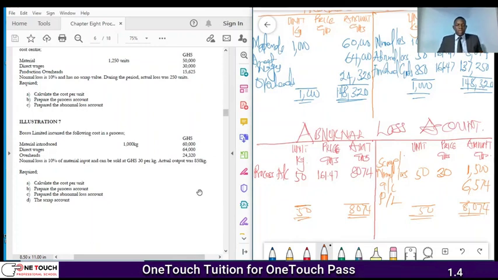Great. So this is how the abnormal loss account will look. The total loss is 8,074. However, this abnormal loss of 50 units, we can sell it for 30 cedis per unit. So that gives us 1,500, and the 1,500 comes to reduce the amount of loss.